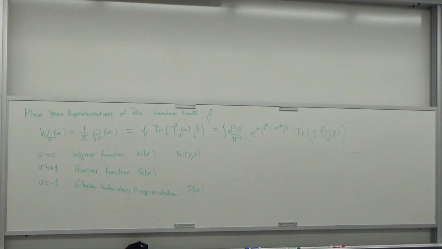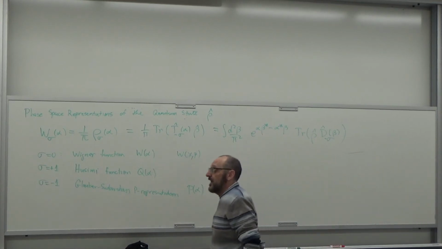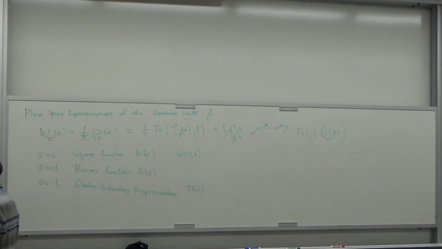Yeah? Can you clarify, are these different states then, or? No. They're different representations. Like you remember from your elementary quantum mechanics, I can have the position representation or the momentum representation of the same state. So if I have a free particle eigenstate in momentum representation, it's a plane wave.